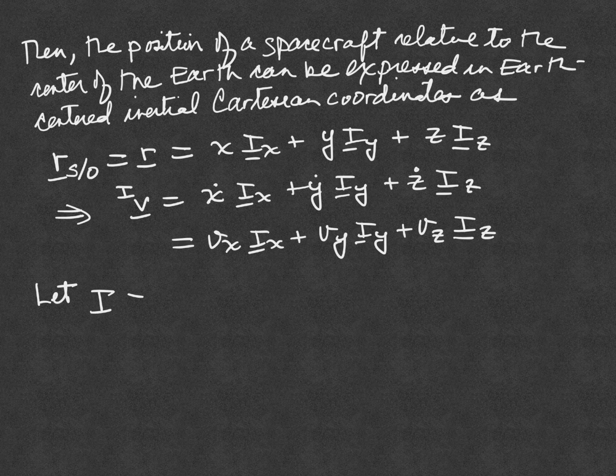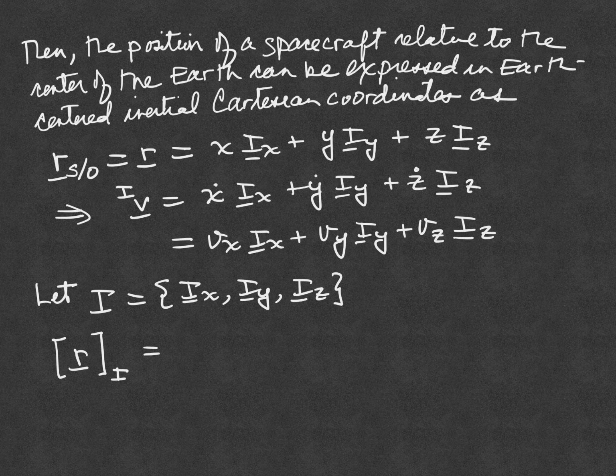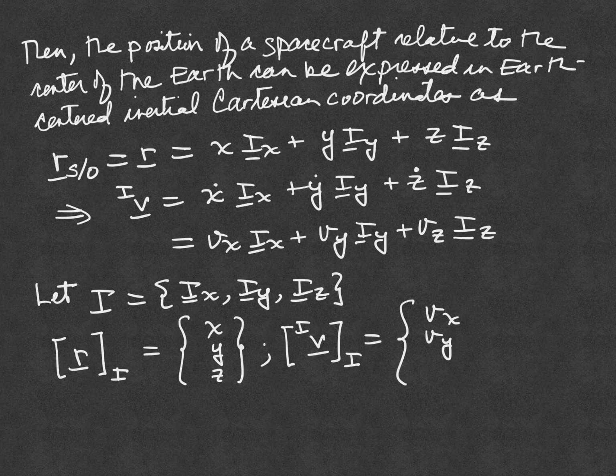I'm going to say I is equal to Ix Iy Iz. Then that means that the position expressed in I is equal to x, y, and z, and the inertial velocity, again expressed in I, is equal to vx, vy, vz.